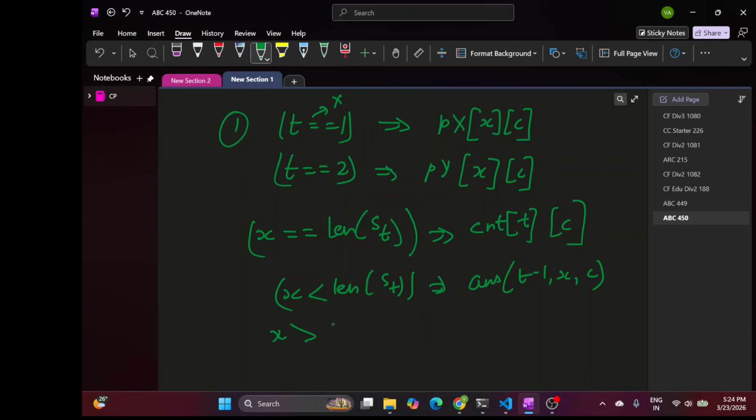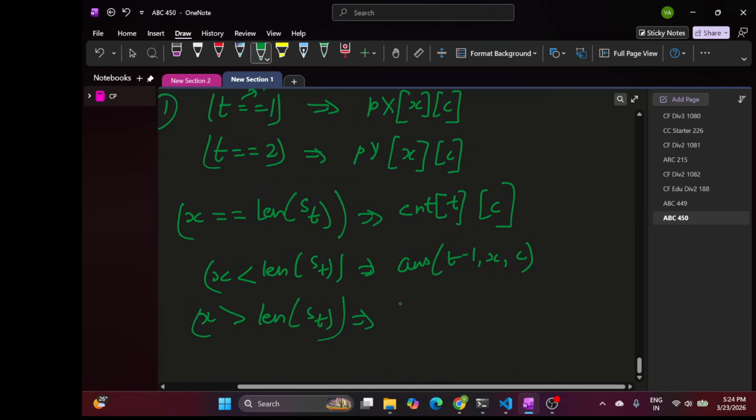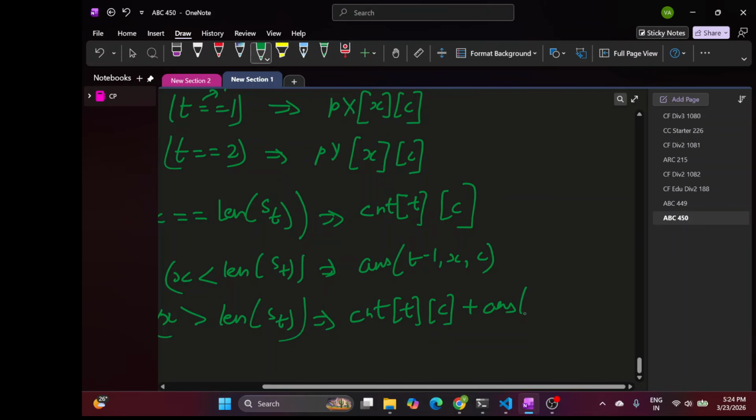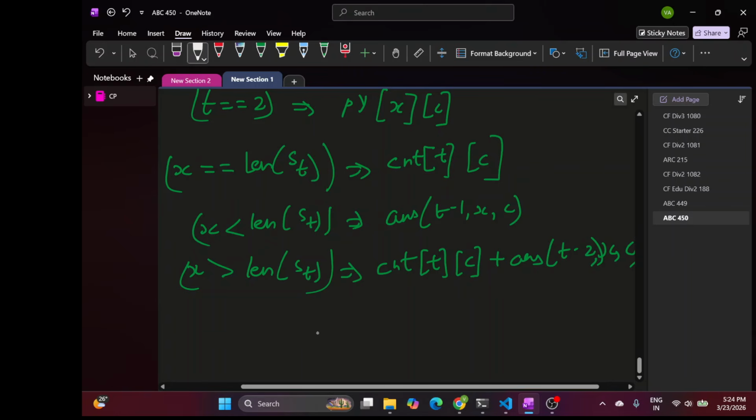And if our x is actually greater than the length of st, in this case, we know that we'll get the whole count of the t minus 1th string plus what is the string after that? It is the t minus second string, right? Because we know that st is basically st minus 1 plus st minus 2.